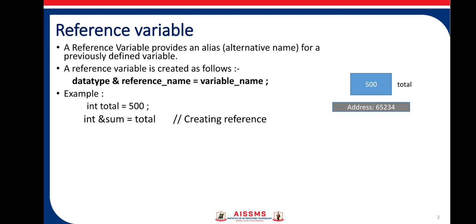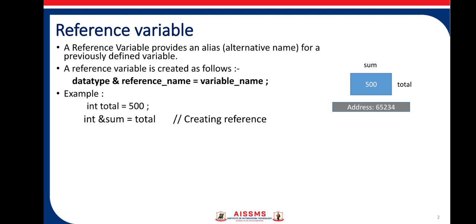So once this statement is there, what this statement will do, it will give an alternate name to the same memory location. So here in the diagram you can see, the same memory location which is at address 65234 can be accessed with the name sum as well as total.